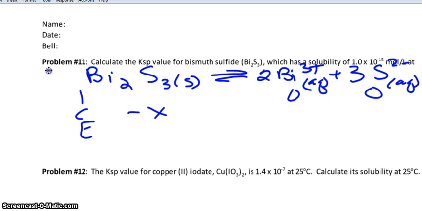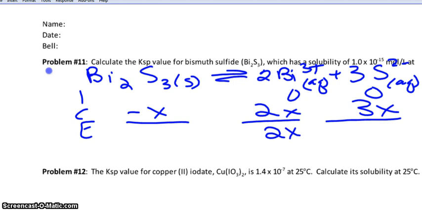You're going to make 2 moles. You're going to have a ratio of 2 moles of bismuth ion to 1 mole of bismuth sulfide solid. And notice what's going to happen with the sulfide. You're going to have 3 moles. Okay, so there you go.